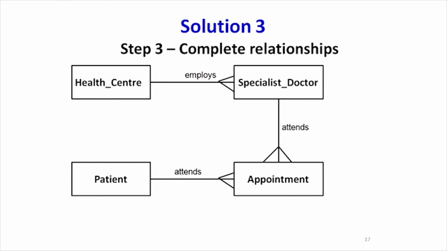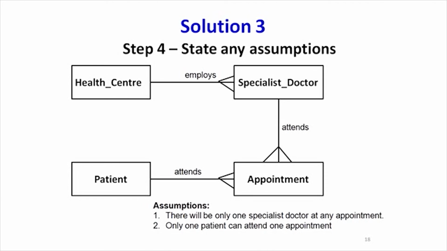Same applies to the patient. A patient can attend one or more appointments with the specialist doctor. Step 4, you need to state any assumptions for your entity relationship diagram. Our assumptions here are there will be only one specialist doctor at an appointment, and only one patient can attend one appointment at a time.